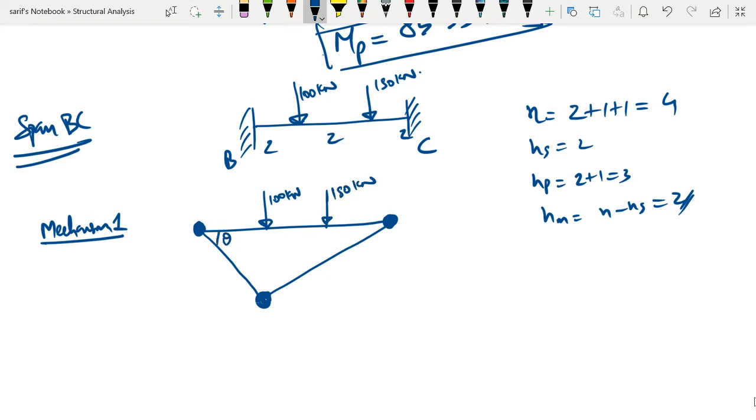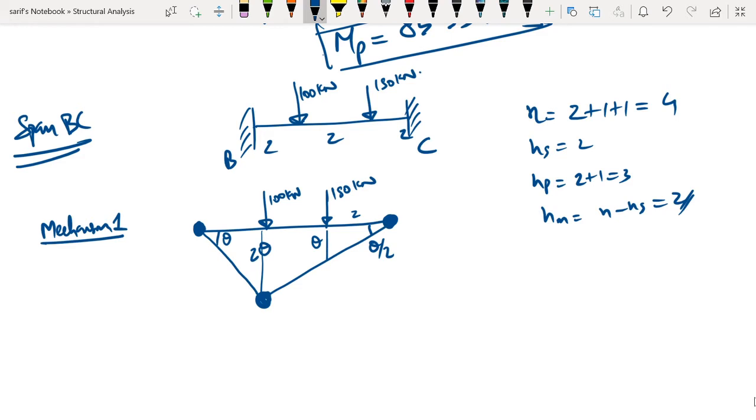If this angle is theta, this will be 2 theta, then this would be 2 theta divided by 4, that is theta by 2, and this would be theta by 2 into 2, so it will be theta. Also we need to write the capacity.